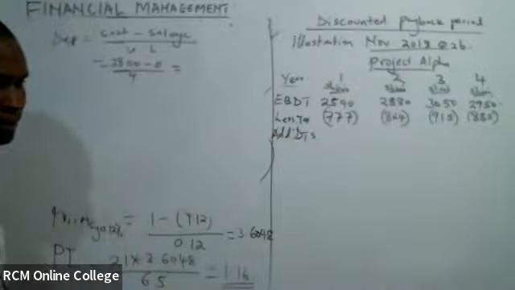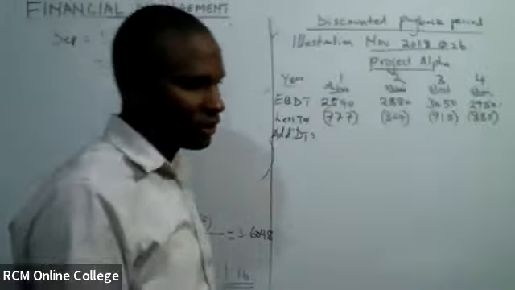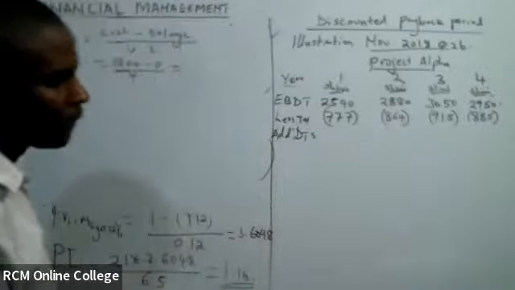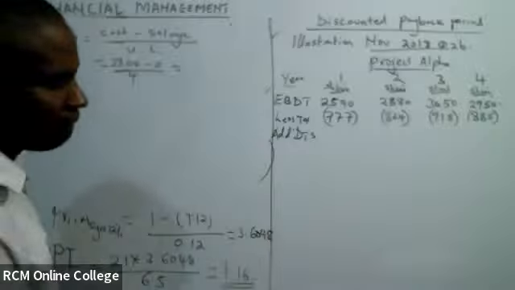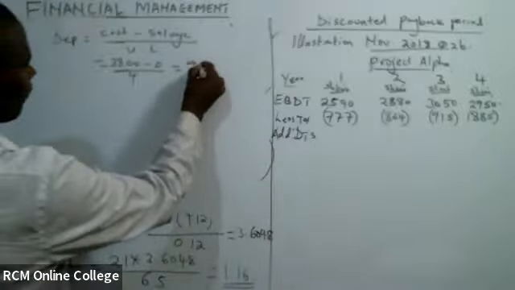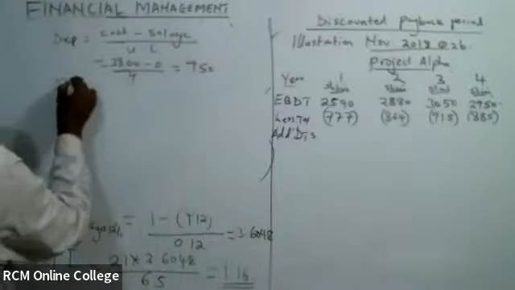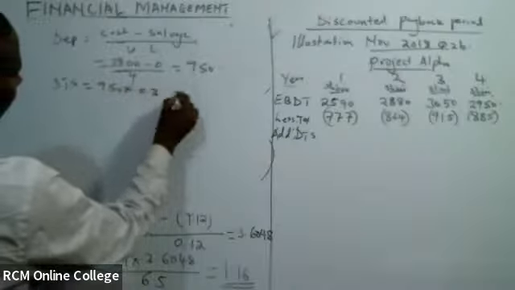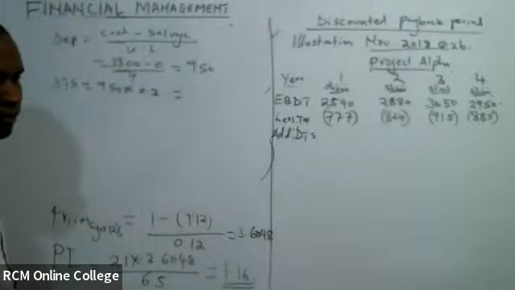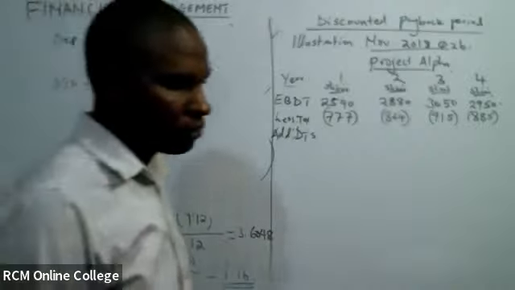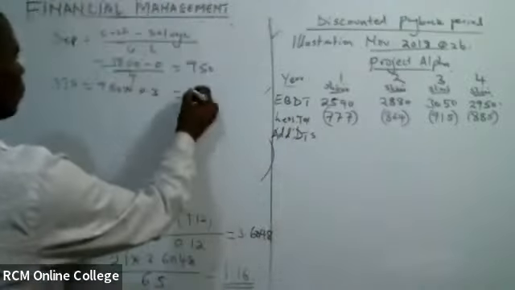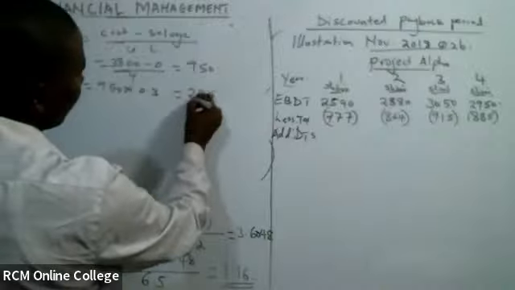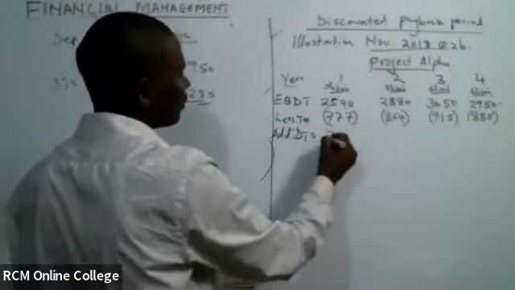It is 950. So I'm going to get my DTS by taking 950 times 0.3. That is 285. And that is my DTS throughout.